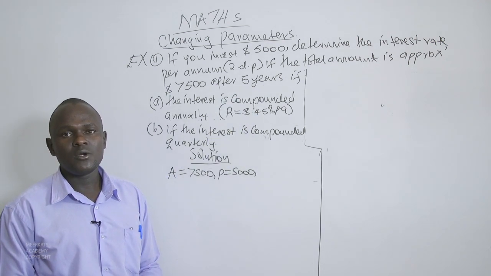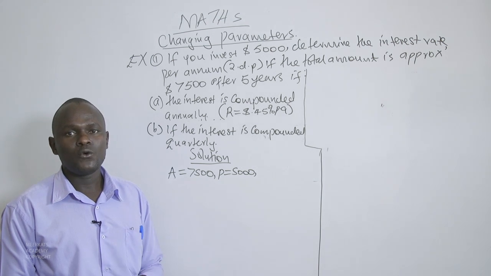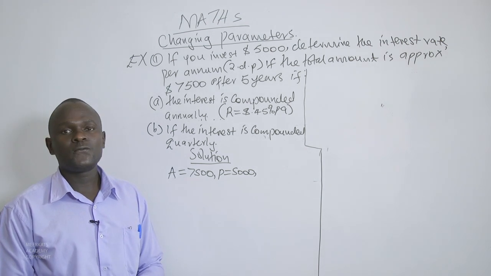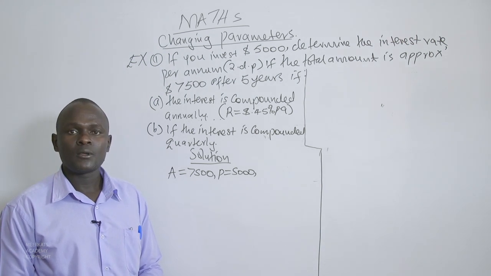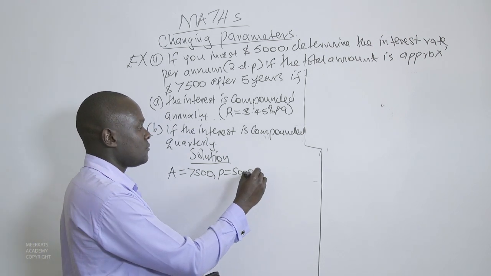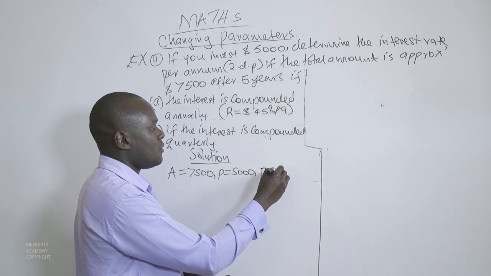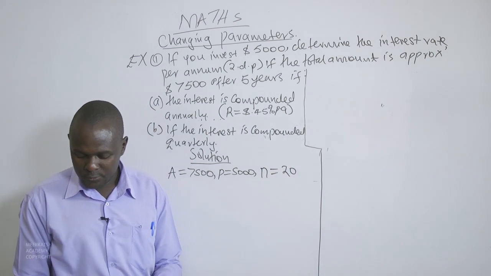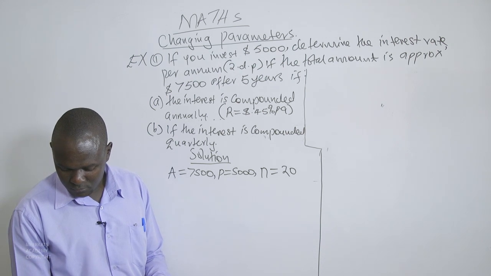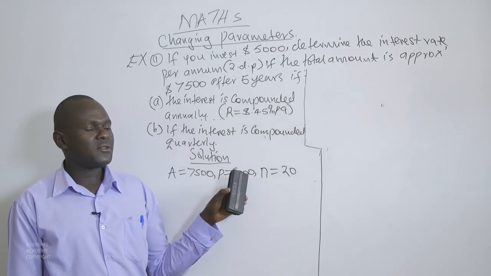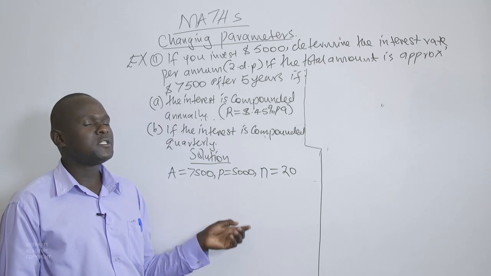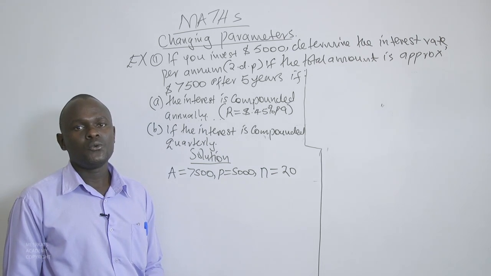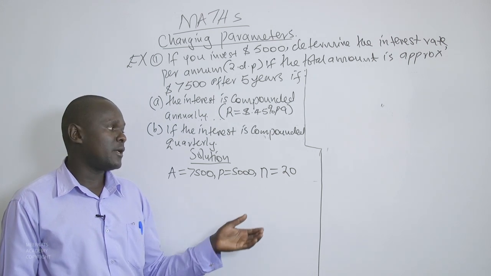But in a year, how many quarters do we have? We have 4 quarters. So it means in 5 years, we are going to have 5 times 4 periods, and this will give us 20 periods. And the rate that we are going to get will be the rate per quarter, which will require us to convert to the rates per annum by multiplying by 4.